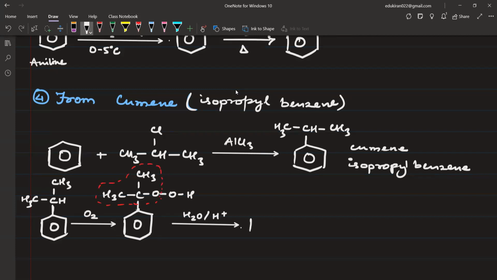And when this part gets broken, I will get phenol. So this OH shifts here, and plus I will get CH3 bonded to carbon, this carbon bonded to CH3 and a double bond.